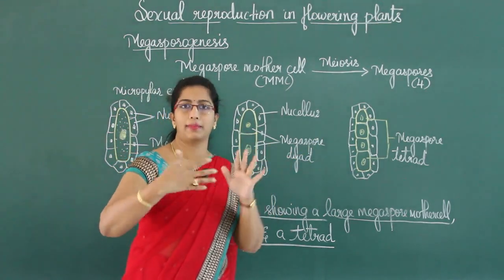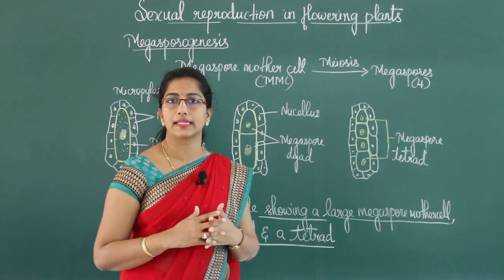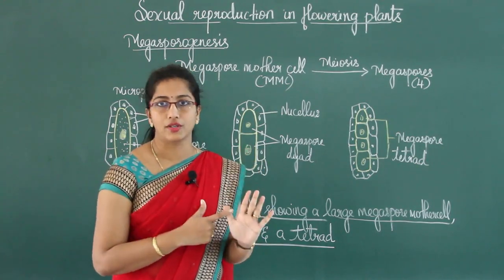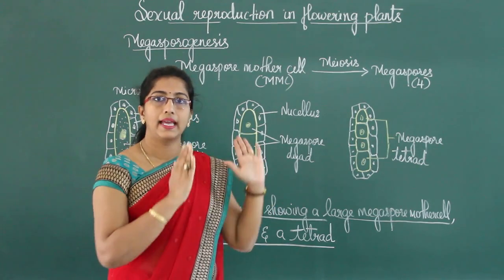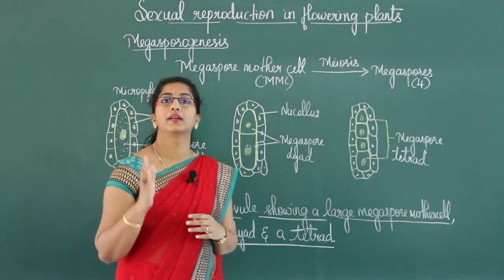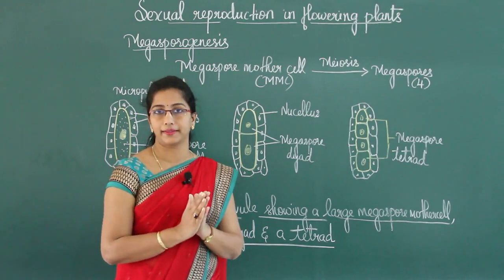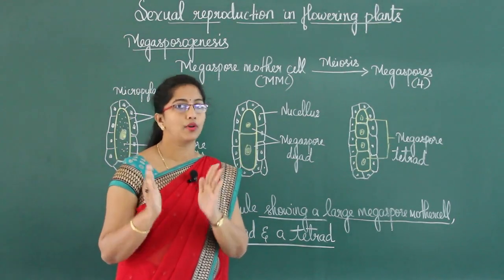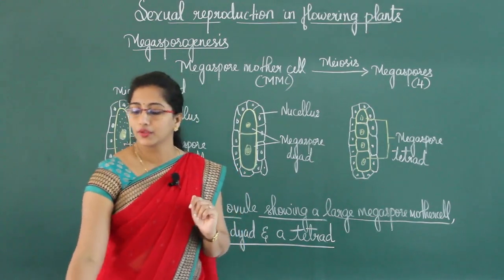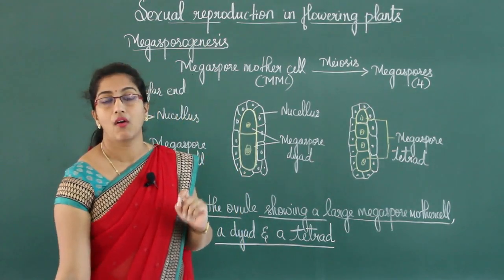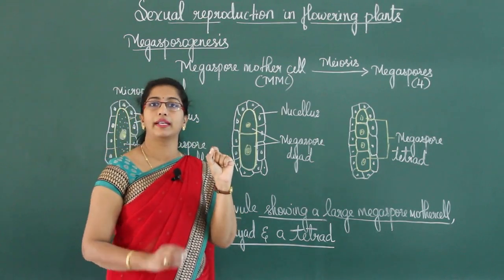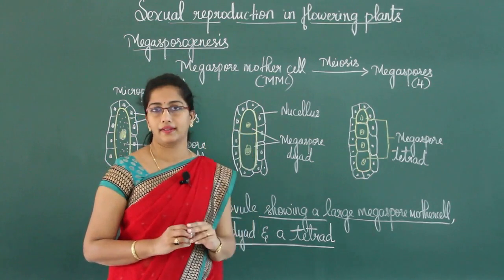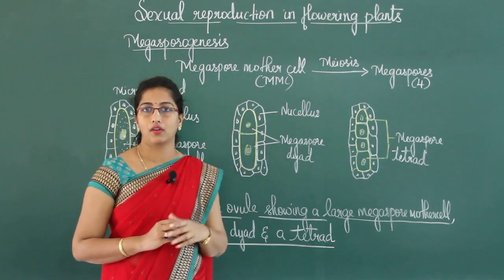We studied many plant groups last year: algae, bryophytes, pteridophytes, gymnosperms and angiosperms. In angiosperms, the plant body is sporophyte, which means all the cells of the plant body are diploid, or 2N. I hope you can recall all that.